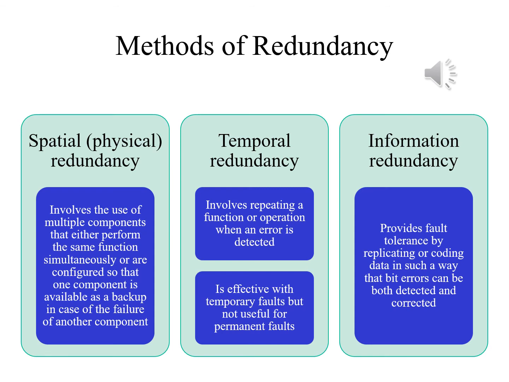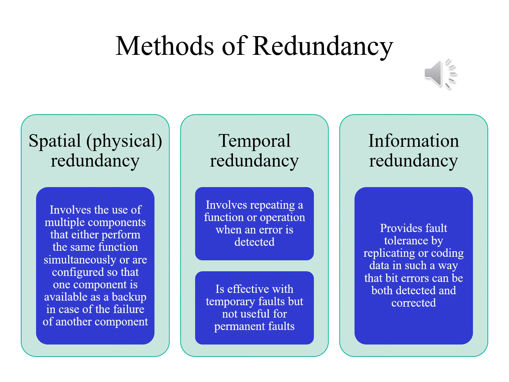In general, fault tolerance is built into a system by adding redundancy. Methods of redundancy include the following. Spatial or physical redundancy. Physical redundancy involves the use of multiple components that either perform the same function simultaneously or are configured so that one component is available as a backup in case of the failure of another component.